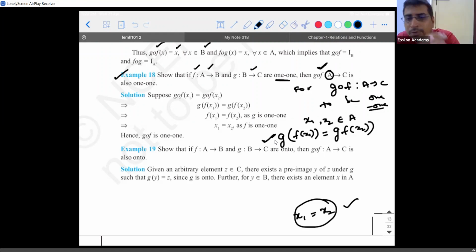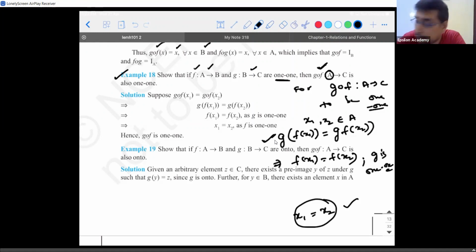So, g of f of x1 is equal to g of f of x2. Then what can we say? We can conclude f of x1 is equal to f of x2 only because they mentioned g is a 1 to 1 function. Now f of x1 is equal to f of x2.